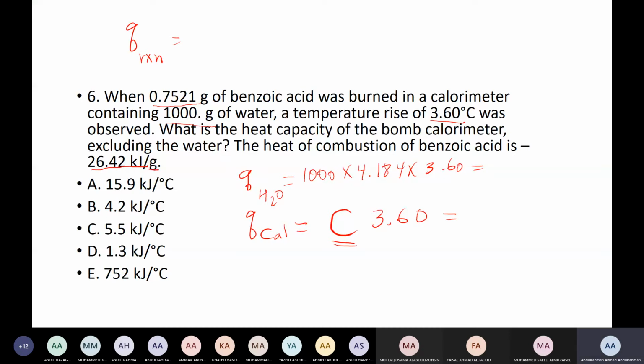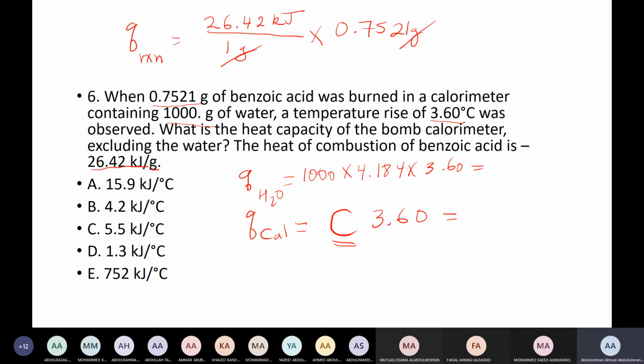So we have 26.42 kilojoule for each gram, but what we actually have is 0.7521 gram.